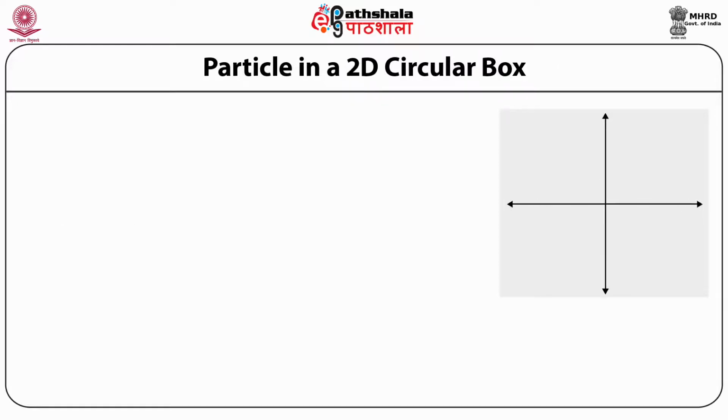Particle in a 2D circular box. So students, now consider a circular box of radius capital R. So the potential inside the box is 0 and outside the box it is infinity, such that the boundary condition for the wave function would be psi(r,theta) is equal to 0 for all the angles of theta.